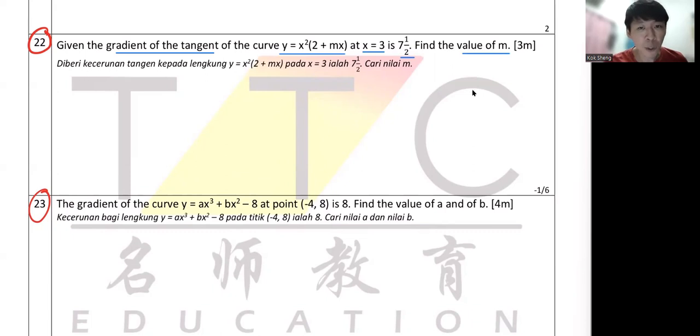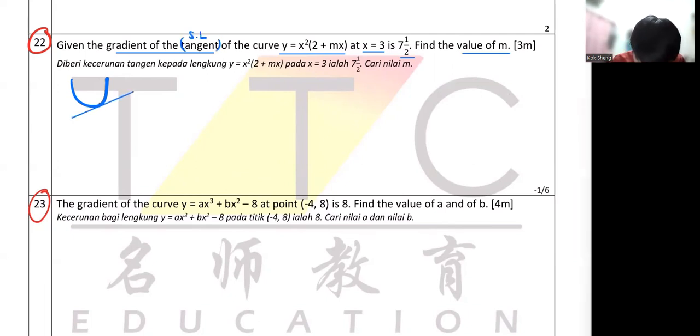Okay, a lot of numbers here given to you. First thing here, you are given the gradient of the tangent. Okay, what does this mean? It is like, you have the curve here, and then the tangent is a straight line. You should know that the tangent is the straight line that passes through one point, right?